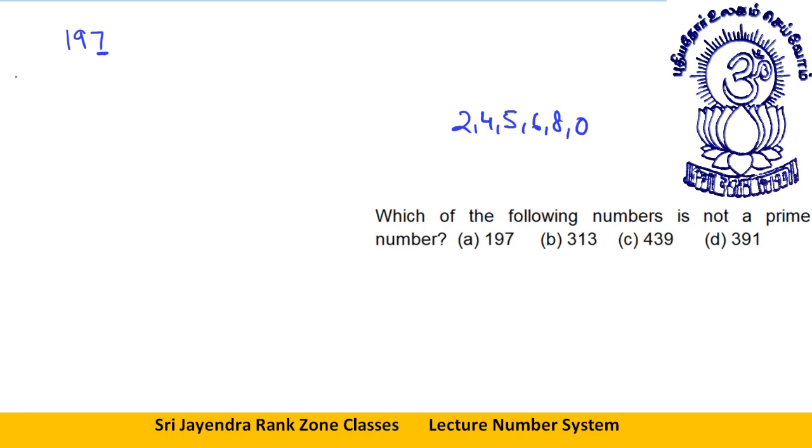Fine. Now let's check it by 3. What is the divisibility rule of 3? You add all these digits. If the sum comes out to be 3 or a multiple of 3, then the number is divisible by 3. Here, if I add 1 plus 9 plus 7, that is 17. This is not divisible by 3.